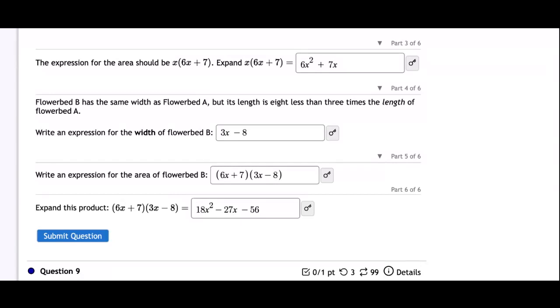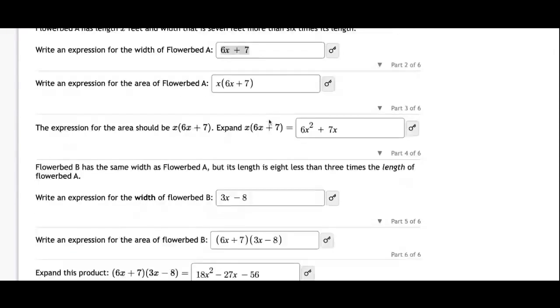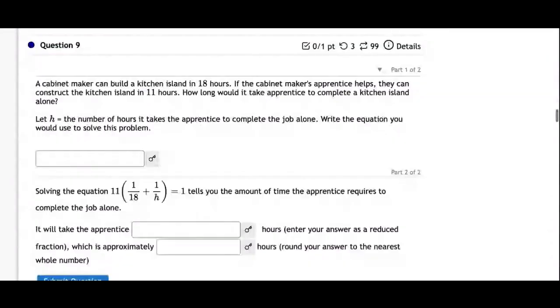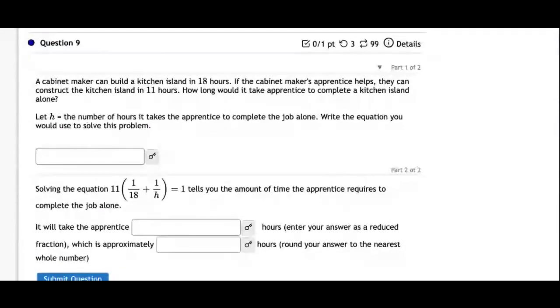If you have done it and you feel good about it, you don't have to be here, okay? Okay, let's do question 9. So we do question 9, then we go to 29, okay?